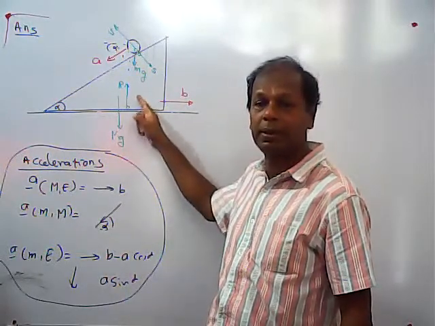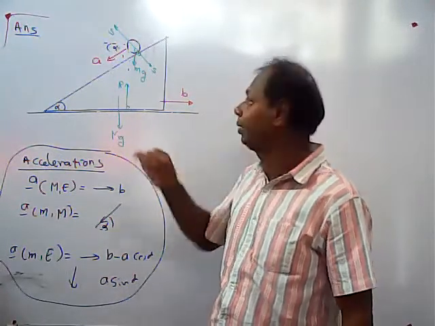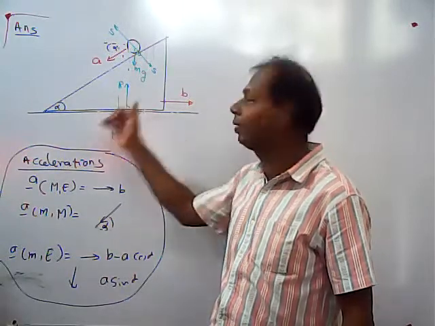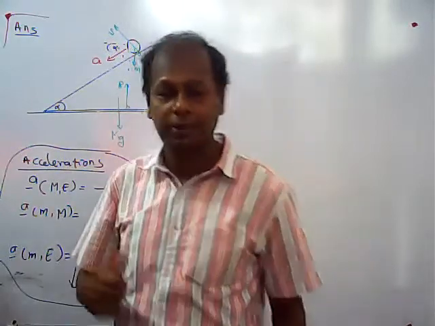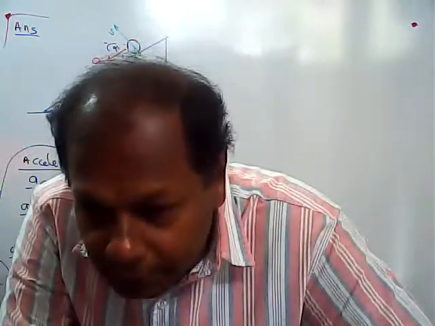We can choose the direction, right? To get rid of R, we will apply it horizontally. So what Ravindra says is correct. You take the whole system and apply it horizontally.